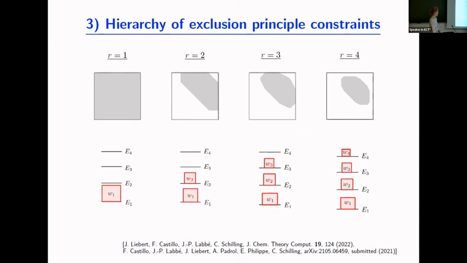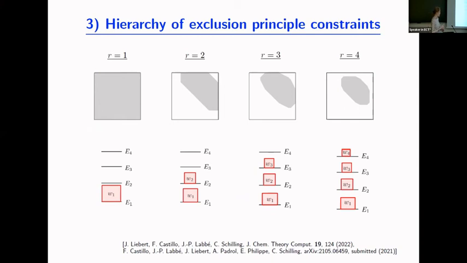If we go from left to right, for R equal 1, everything always sits on the ground state energy level. You can think about this square as having one occupation number λ_i and then λ_j. And we know from Valone's RDMFT, it would be just constrained by the Pauli exclusion principle, which gives you this entire Pauli hypercube.